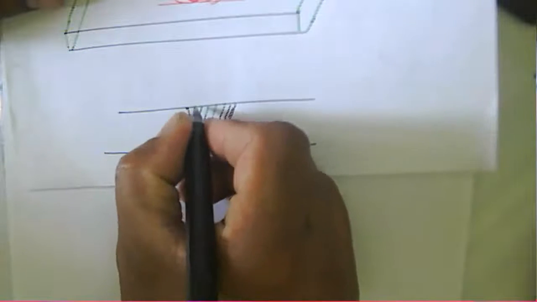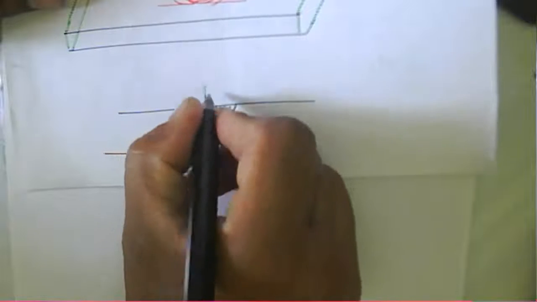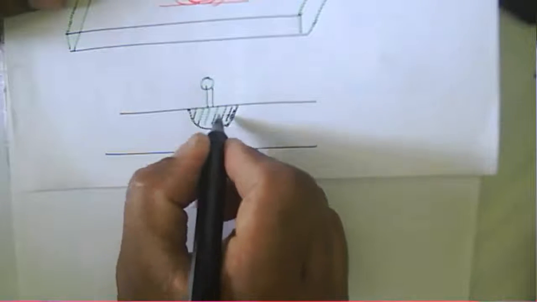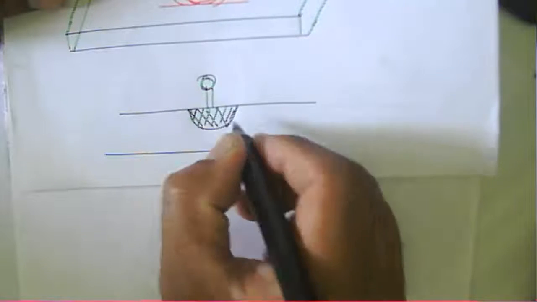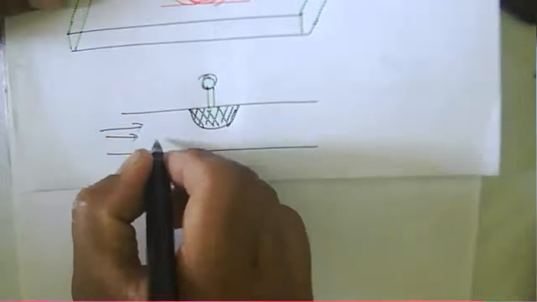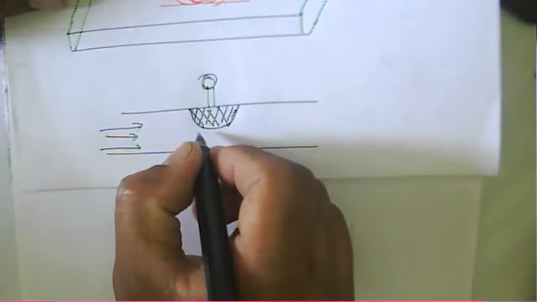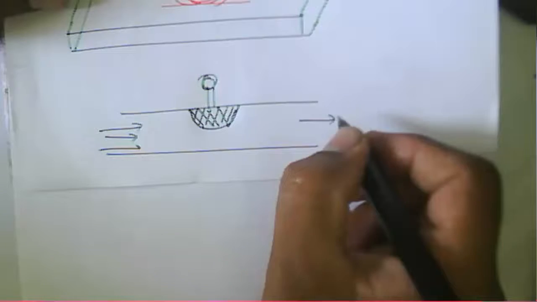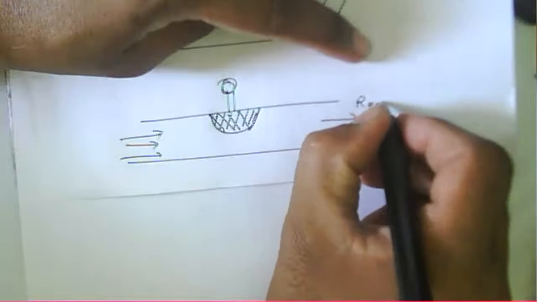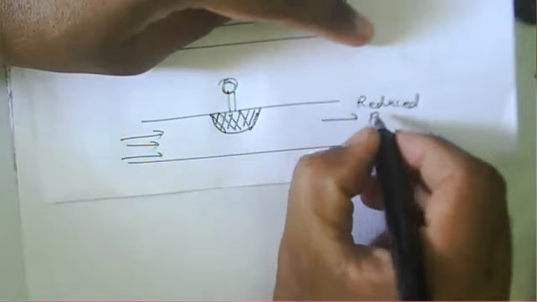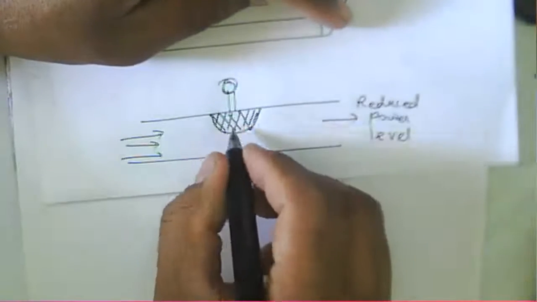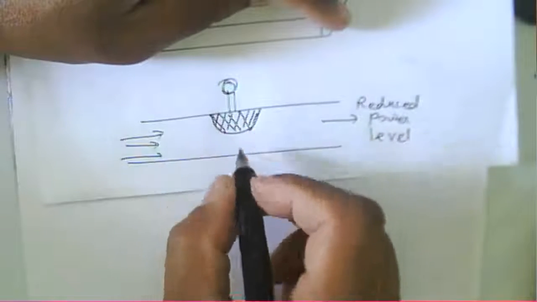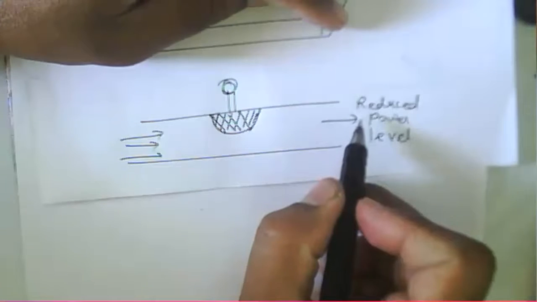For the variable one, we can change the obstacle length by moving the screw and increasing the obstacle. Whatever signal is propagating through it, because of that obstacle, the power level is reduced. The more the depth of the obstacle, the more the power level is reduced.